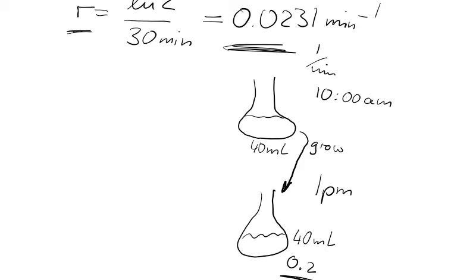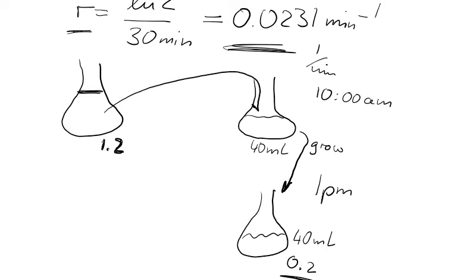And in order to set that up, what we have is a different culture here. I haven't specified what volume we have, but here the concentration of the bacteria is 1.2. And we take some of that and put it in here at 10 o'clock.